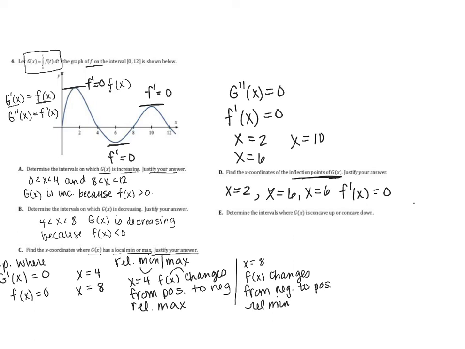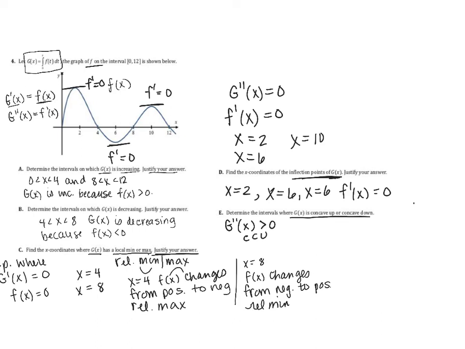All right, so now let's look at where g of x is concave up or down. And this is where it gets a little tricky. G of x concave up or down. Well, we know that if g double prime of x is positive, then we are concave up.